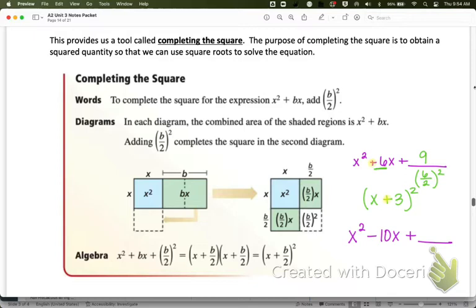Half of 10 squared. Half of 10 is 5, and 5 squared is 25. And then to factor it, it's going to be x minus, because again, these signs are always going to match. What was half of b? It was 5. (x - 5)^2 is how that's going to factor. So that's the idea of completing the square.